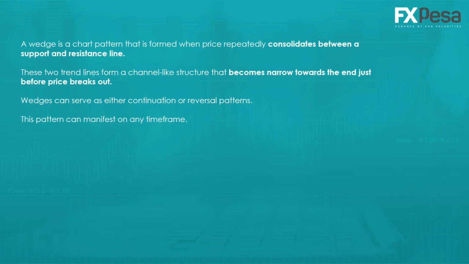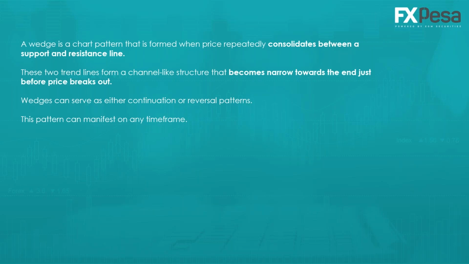That is, you've been having an uptrend, then you get into a small consolidation or a long consolidation, and then there's some formation of a wedge before the price breaks out and continues with the trend. That is one. Or a reversal pattern. You're in an uptrend, and then the price forms a wedge, consolidates there before breaking downwards and changing the trend. So these structures can be seen in any time frame, as we will see.